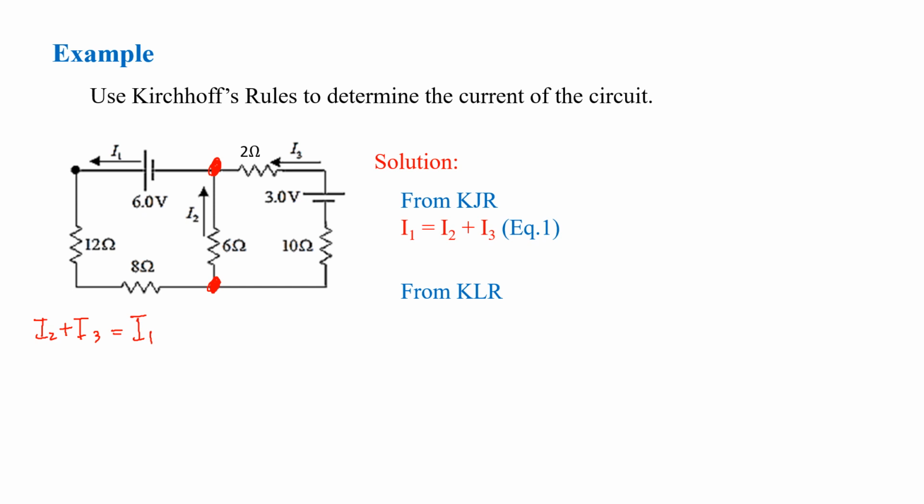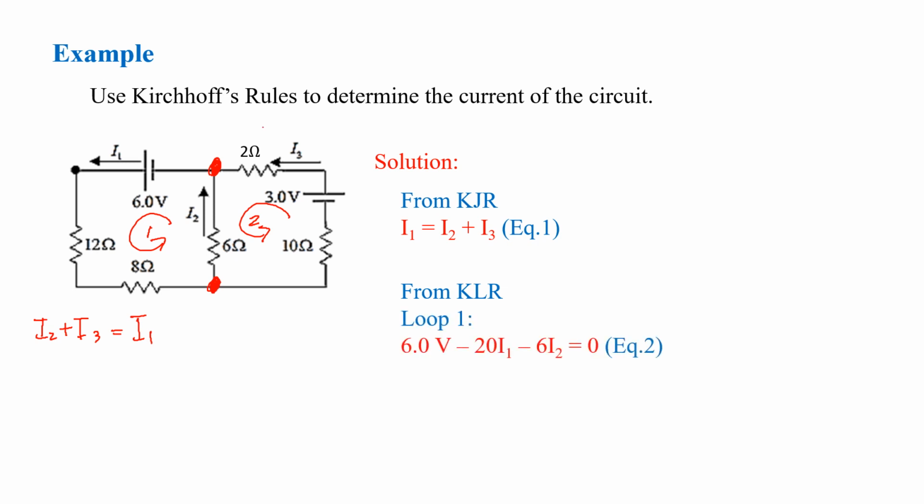I like to travel again in the counterclockwise direction because I'd like to travel from the negative to the positive polarity of your power supply or your potential difference. So let me travel again counterclockwise. We have two loops, and let's say this is your loop 1 and this is your loop 2.